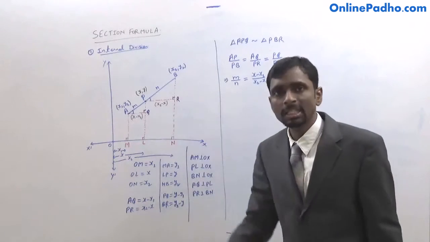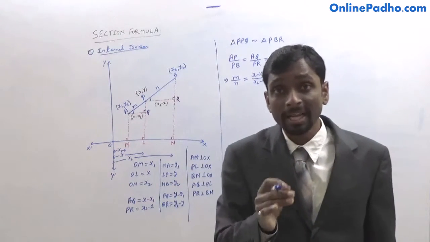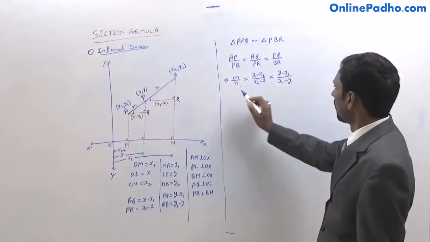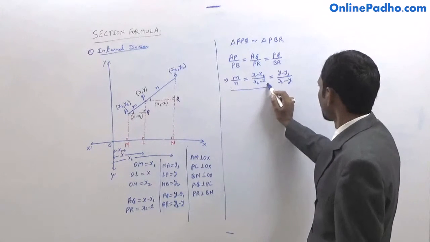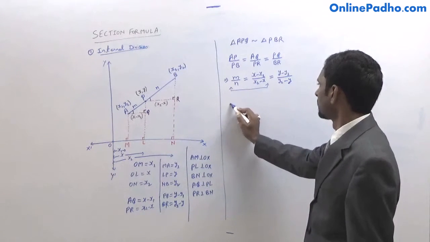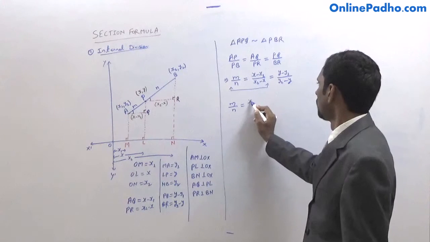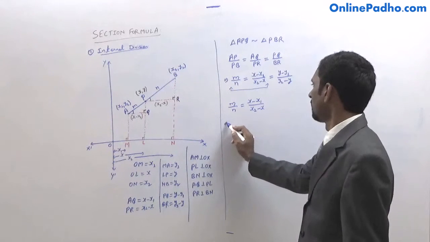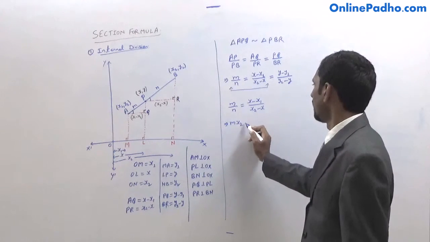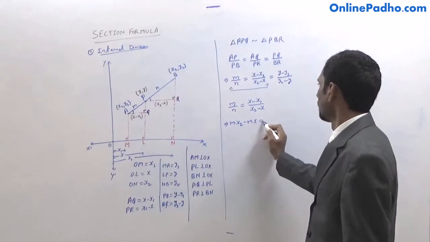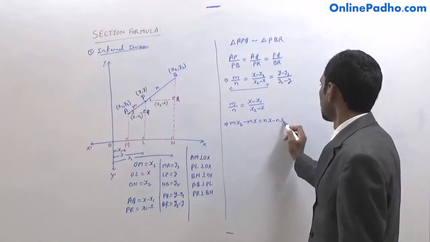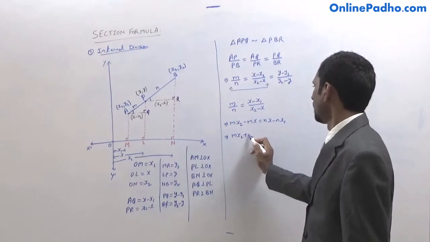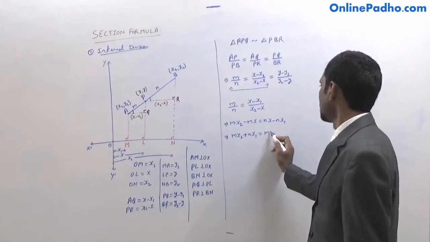We are substituting these values here. Now we need to find x in terms of x1 and x2, and y in terms of y1 and y2. So we can equate these. M by N is equal to x minus x1 by x2 minus x. Cross multiplying, we get Mx2 minus Mx equal to Nx minus Nx1. Simplifying, Mx2 plus Nx1 is equal to Mx plus Nx.